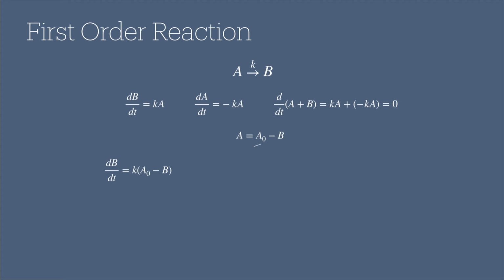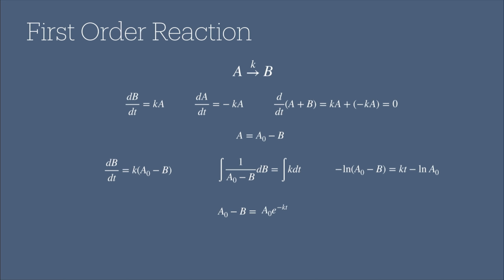Without irrelevant variables, we can solve this differential equation by separating the variables and integrating them separately, ending up with negative ln of A naught minus B equals Kt plus C. Assuming there is no product formed at t equals 0, we can substitute t equals 0 and B equals 0 into the equation to find the value of C. Substituting this value back into the equation and exponentiating both sides gives A naught minus B equals A naught times e to the power of negative Kt.